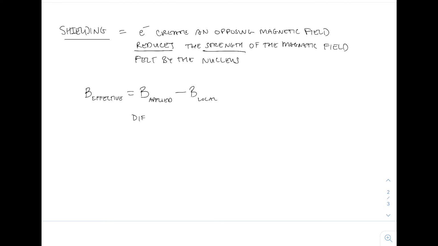Differences in the electronic environment create a different magnetic environment, and therefore different intensities of shielding.